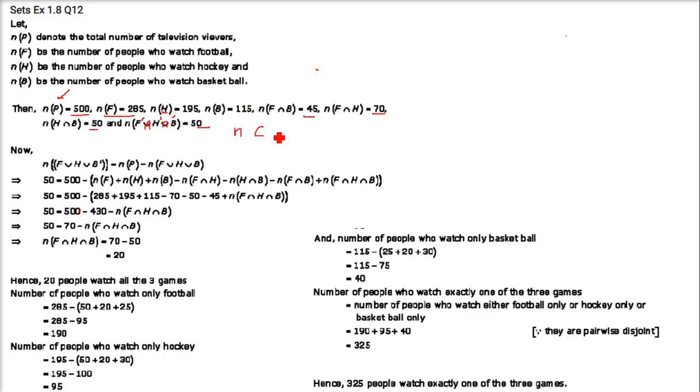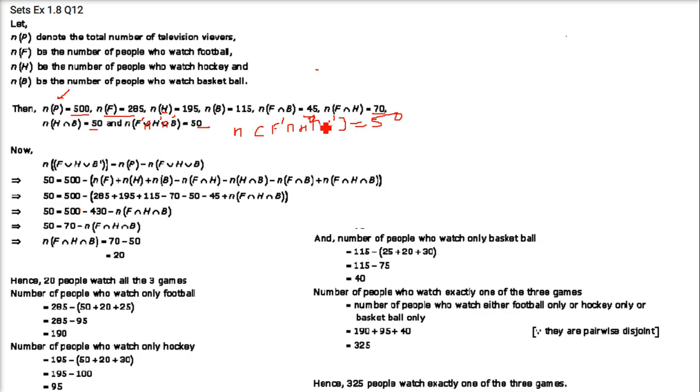So not watching F, not watching H, not watching B, all of these three they are not watching. This is 50. I hope you got the idea.